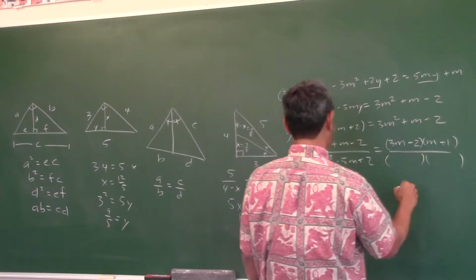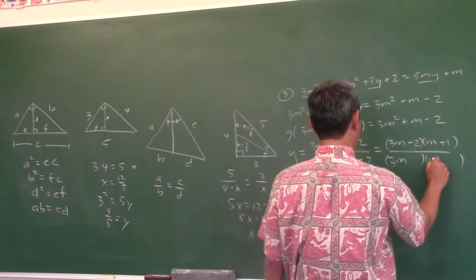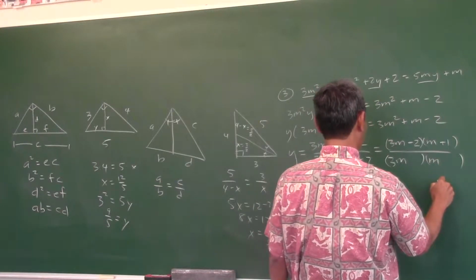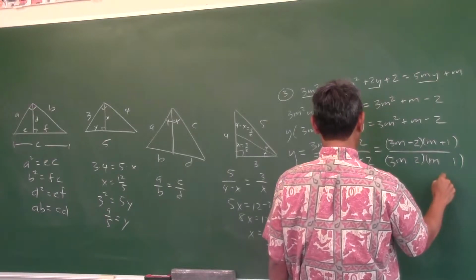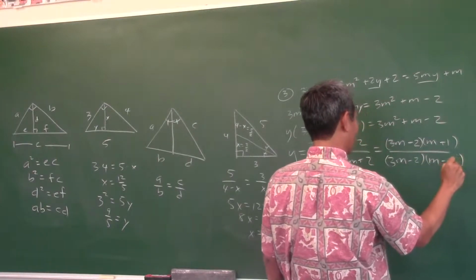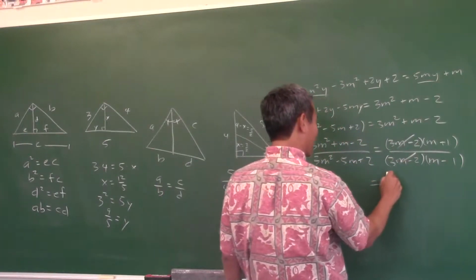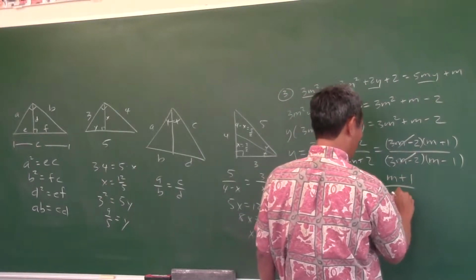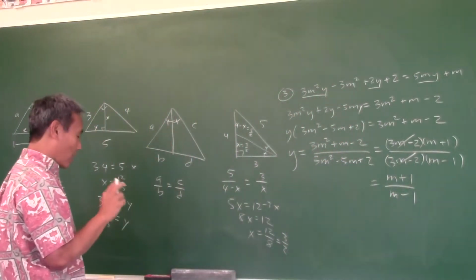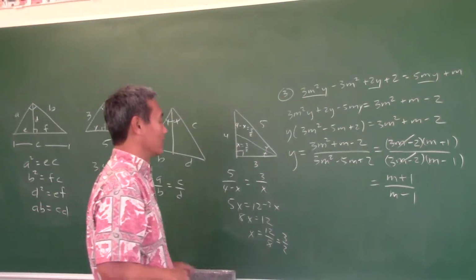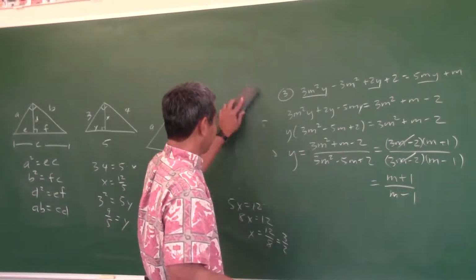The denominator, 3m minus 2 times m minus 1. Yeah, so these cancel out, so your final answer is m plus 1 over m minus 1. Especially when you have variables, always double check to make sure if you can simplify it or not.